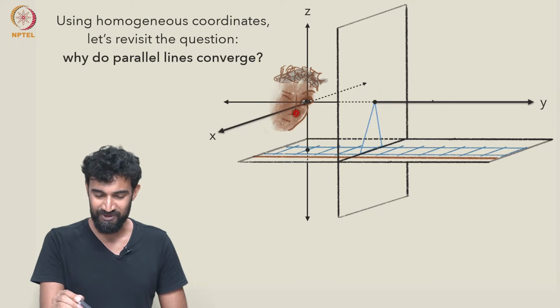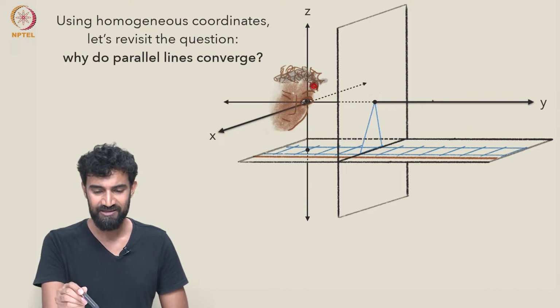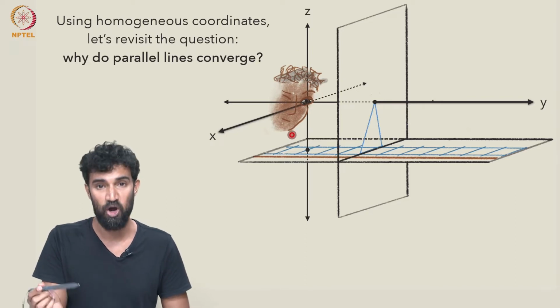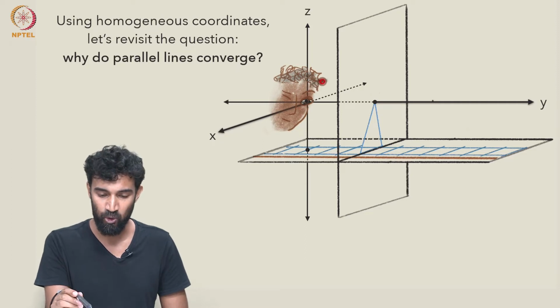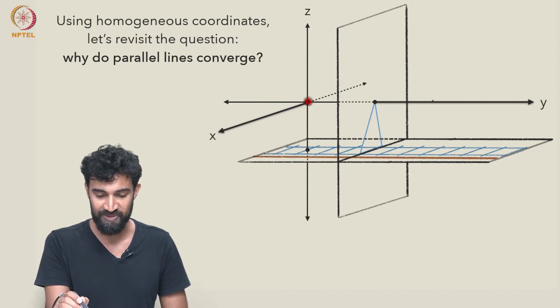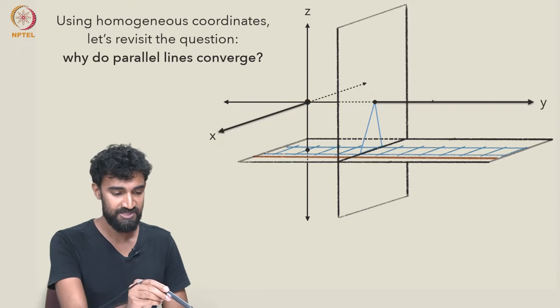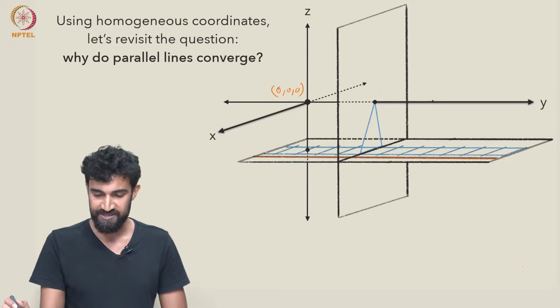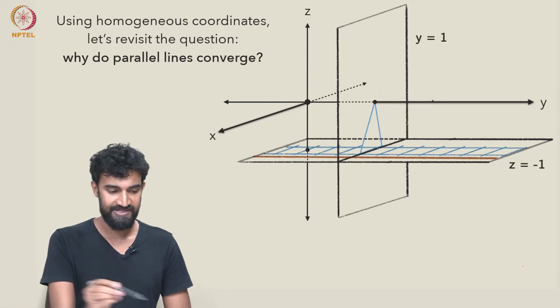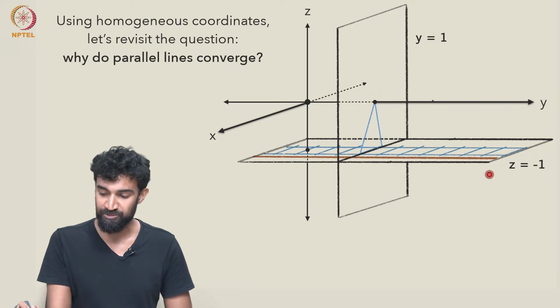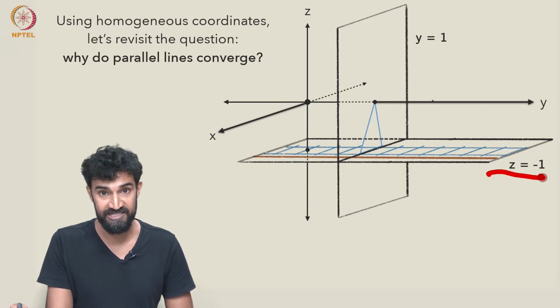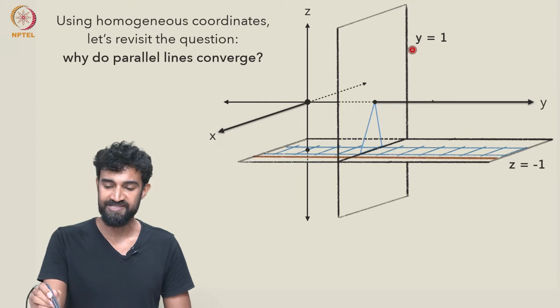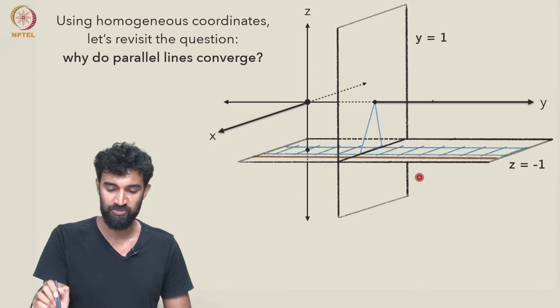But let's get rid of the I and let's instead put in a coordinate system. Let's think of this as R3, and let's let the origin be our center of perspectivity. So this is the origin, 0, 0, 0, here. And let's let the ground plane be the plane z equals -1, and let's let y equals 1 be the picture plane.